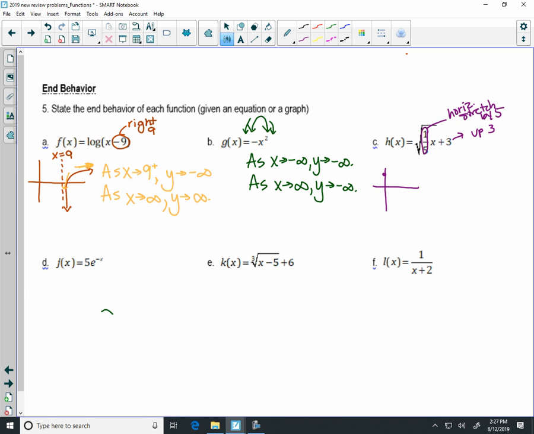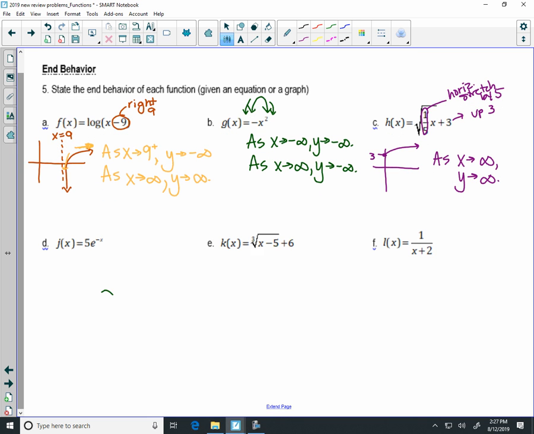So it's going to look something like that. We can only assess end behavior in one direction, as x approaches infinity. As x approaches positive infinity, y is going to approach positive infinity as well. Again, this is another example where it's going out faster than it's going up, but it's still going up, still increasing.